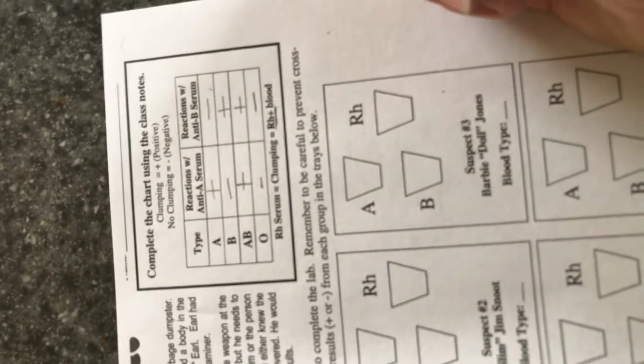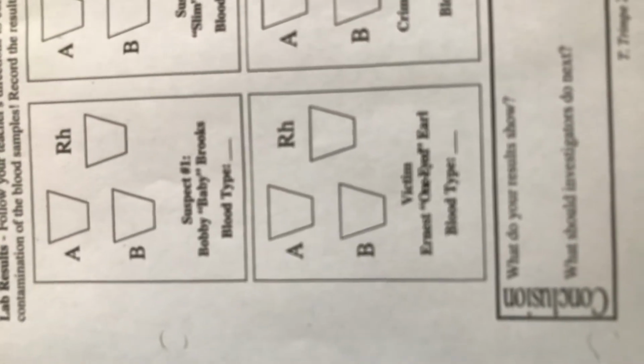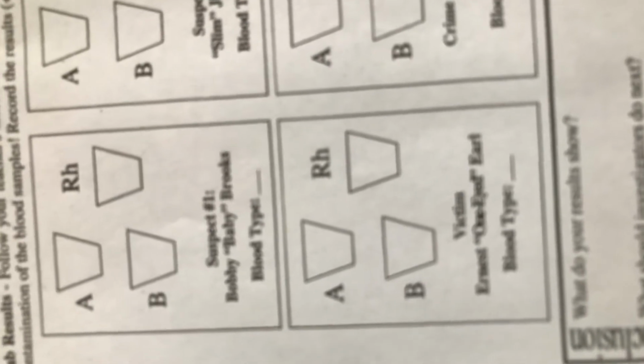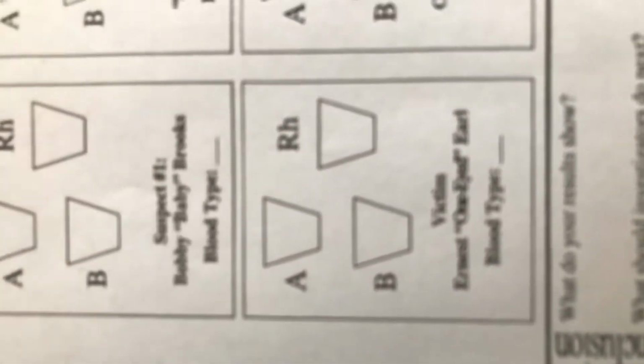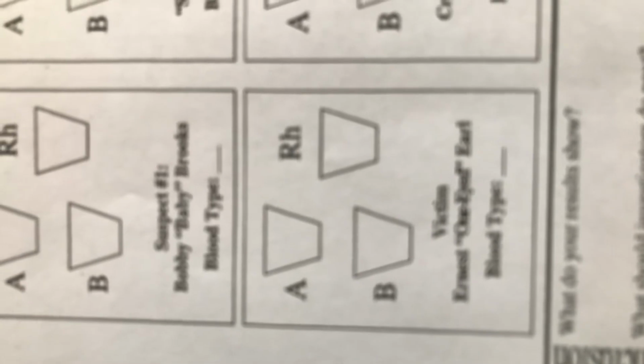All right? All right, so we're actually going to start with the victim here, who is Ernest One-Eyed Earl. And so I have the blood sample for Ernest here, and I'm going to add the blood sample to each of the containers for my testing. I'm going to add about 10 or 15 drops here.